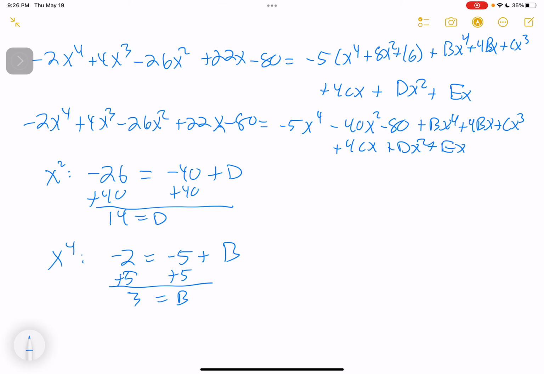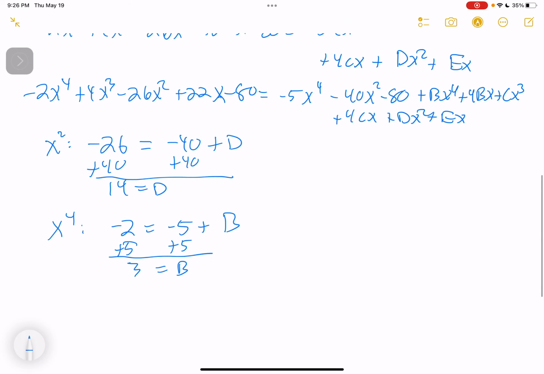Oh, there's an E as well. Okay, so C, I'm going to go with the cubed. Is there only one x cubed on the right? Sure looks like it to me. So if we look at x cubed, on the left we have 4, on the right we have a C, so C equals 4.